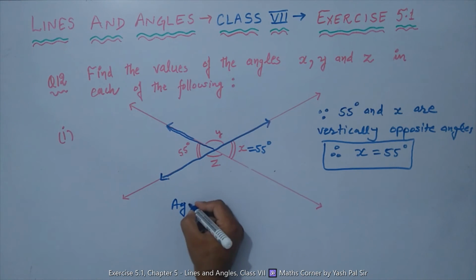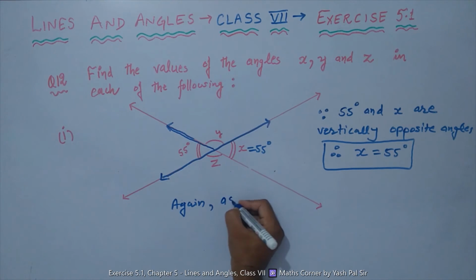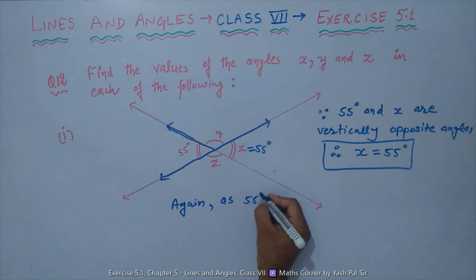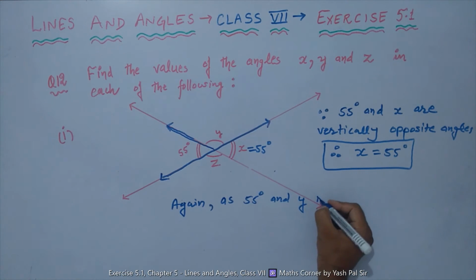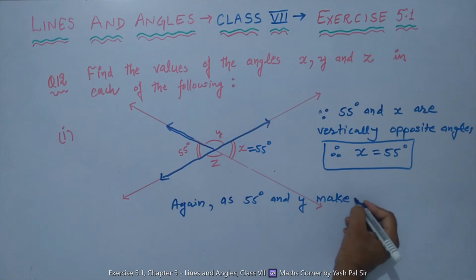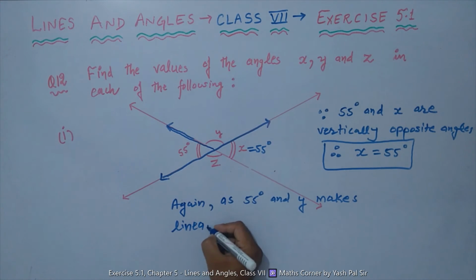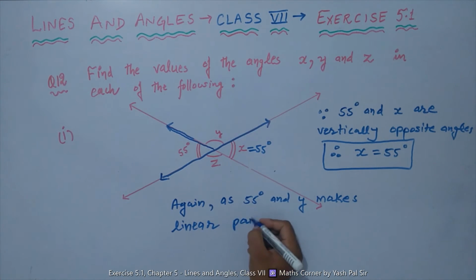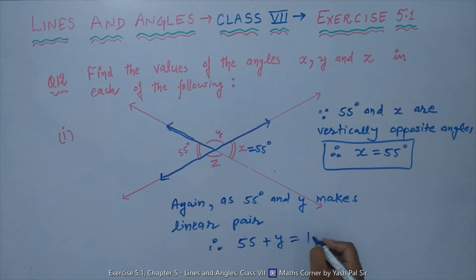Again, because 55 degree and y makes linear pair, therefore 55 degree plus y is equal to 180 degree.